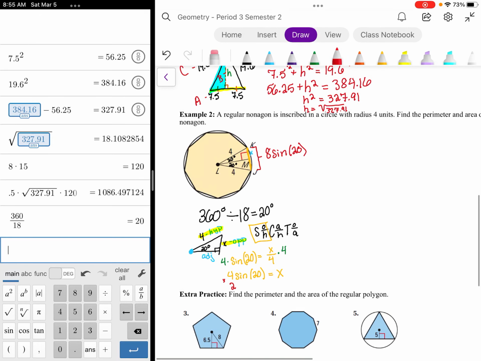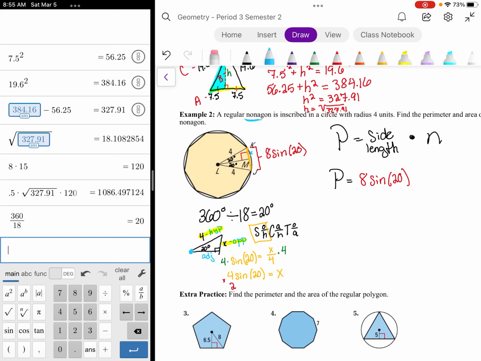And we need to figure out what our perimeter is. So our perimeter, you're going to take the side length and you're going to multiply that by the number of sides, or our n value. So our perimeter for this one, we know our side length is 8 times the sine of 20 degrees. And then we're going to multiply that by the number of sides. And this is a nonagon, so it's going to have 9 sides.